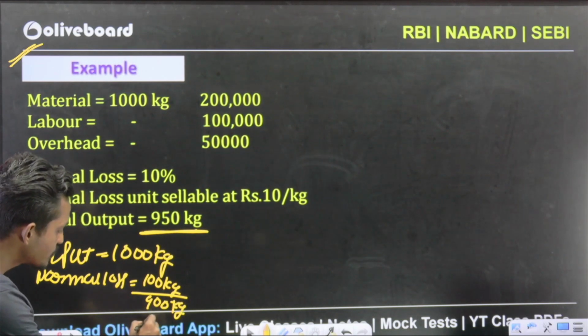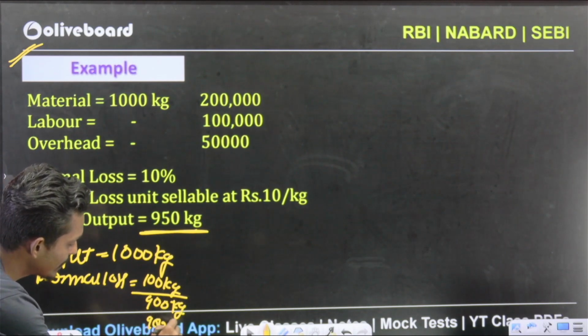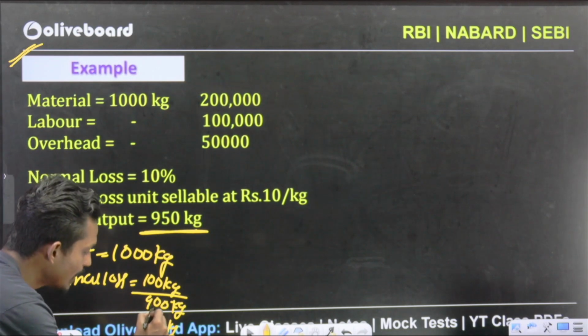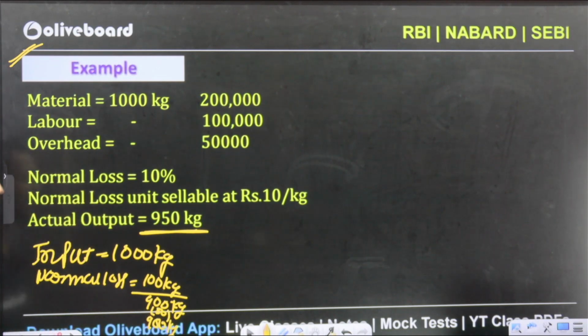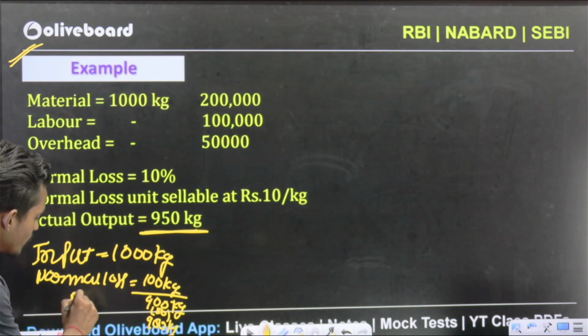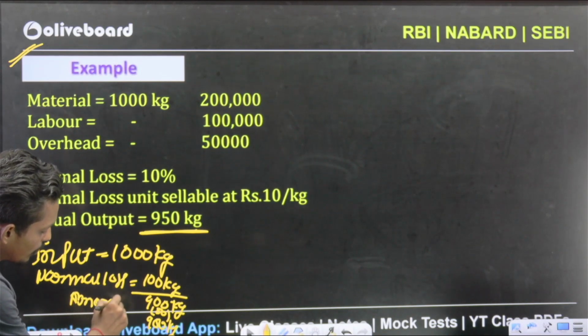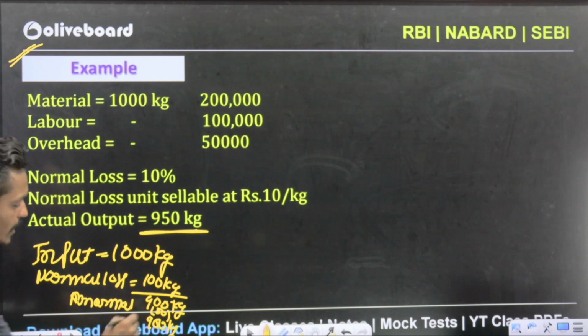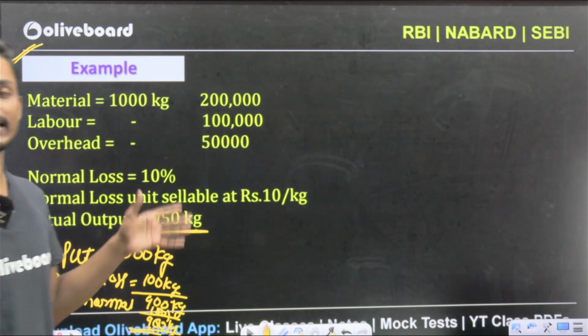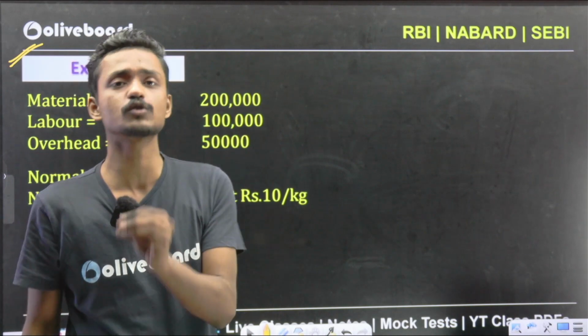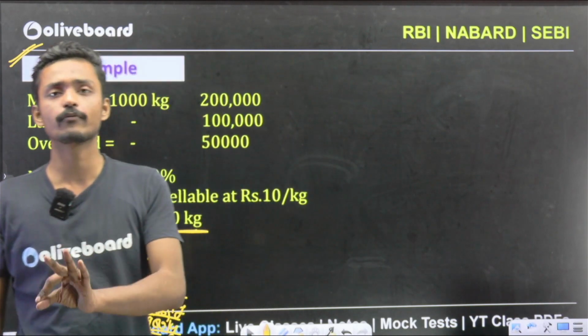But now I have 950 kg, so the extra units produced are not normal units, they are abnormal gain units. The same treatment that we did for abnormal loss units, we will do for abnormal gain units also.